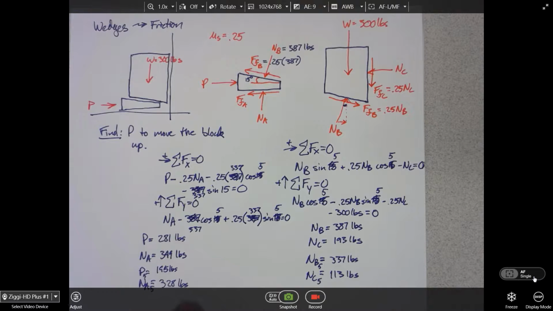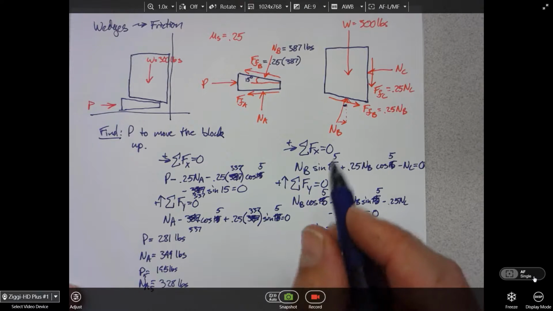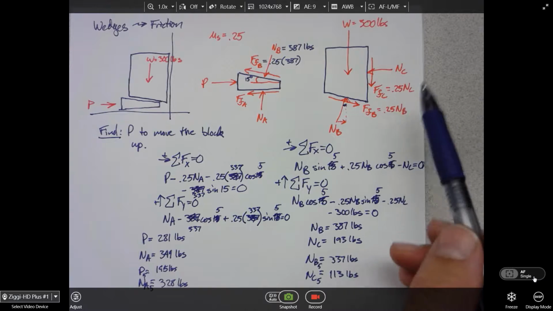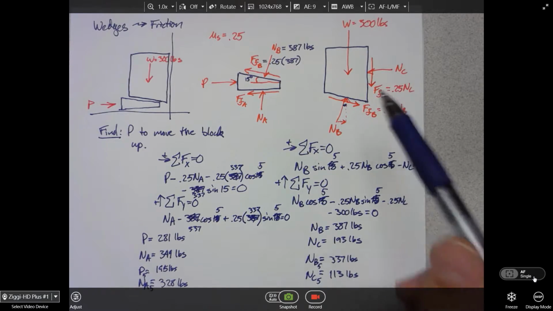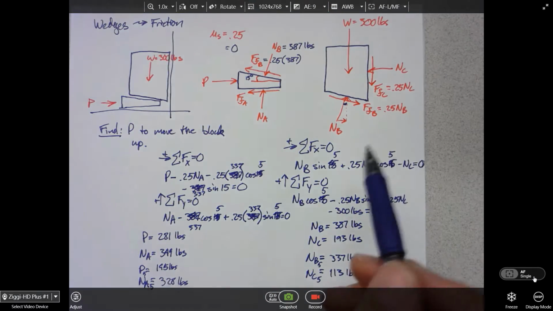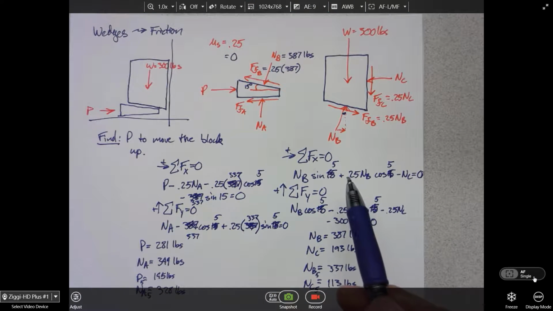Let's say the coefficient of friction between everything becomes 0, right? Let's think through this for a second, okay?